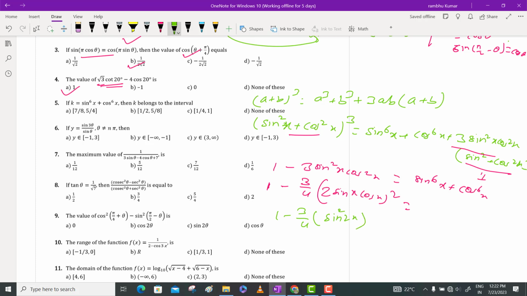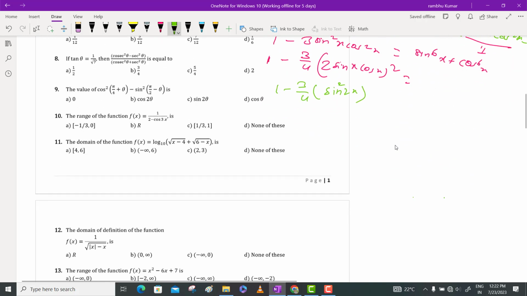Now we all know sin x lies in between 1 and minus 1. So sin square x will lie in between 0 and 1. If this is lying here, then to get this, multiply with minus 3 by 4. So we will have minus 3 by 4 less than equal to minus 3 by 4 sin square x less than equal to 0.